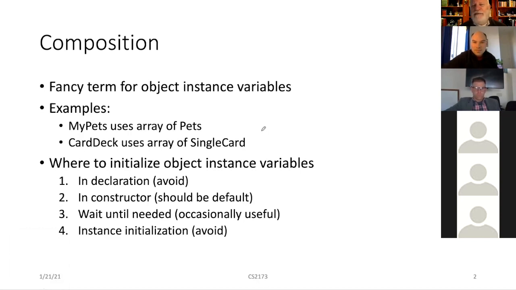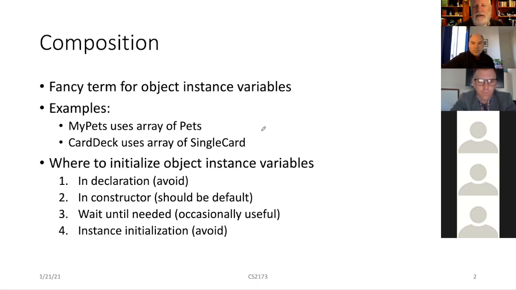A poker deck is a card deck because it's a special kind of card deck. In fact, remember with the pets. We had this generic pet, and then we had dogs and cats and canaries and whatever. Is a dog a pet? Is a cat a pet? If it doesn't make sense that way for well-named classes, then it shouldn't be that way.